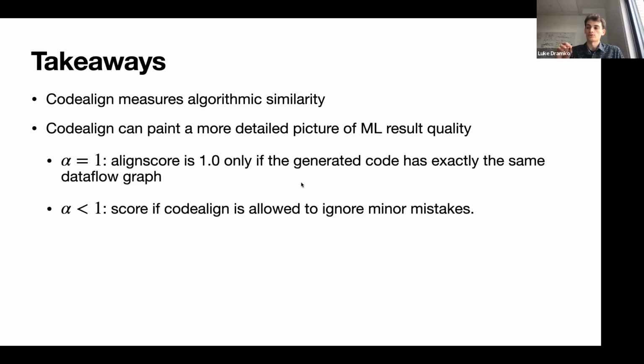In those tasks, you expect and actually want the output to be algorithmically similar to the reference. In other tasks, especially where you give the model freedom to be creative, like natural language to code tasks, algorithmic similarity might not be something you care about that much. You just want it to be equivalent to the reference, but you don't care if it's equivalent by computing the same thing in the same way.